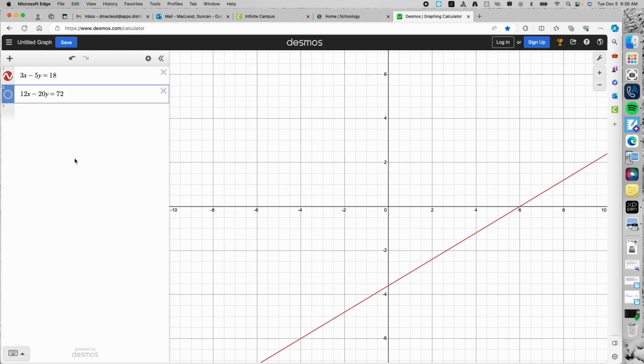It's the exact same line. Yeah. If you multiply everything by 4, it goes directly on top of the one that's red.